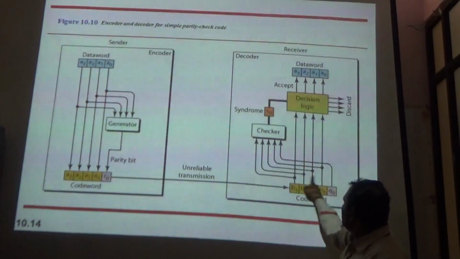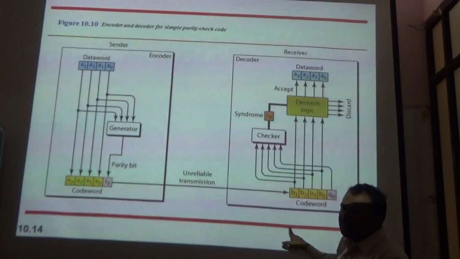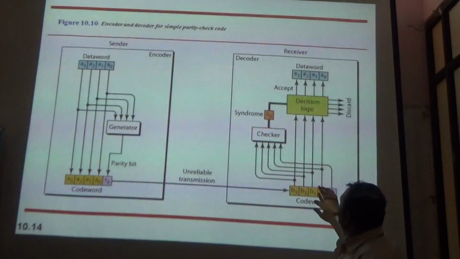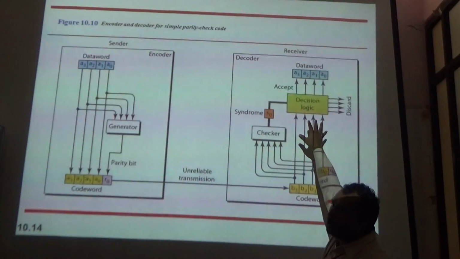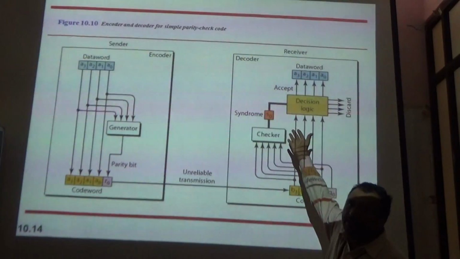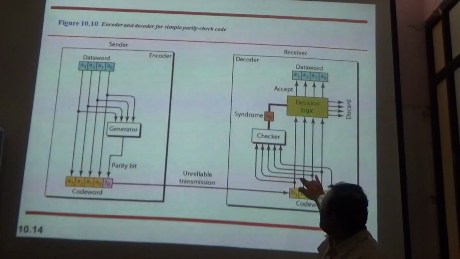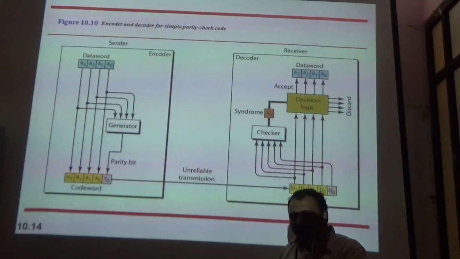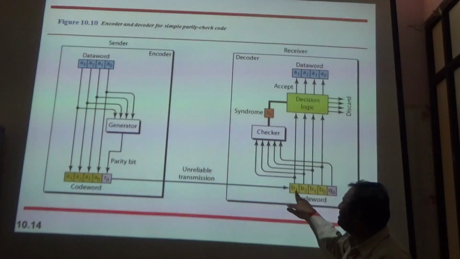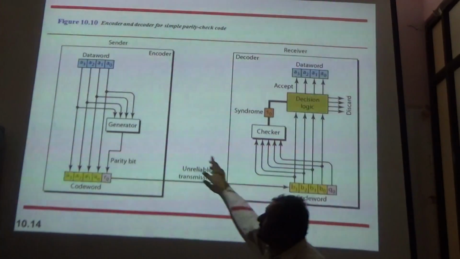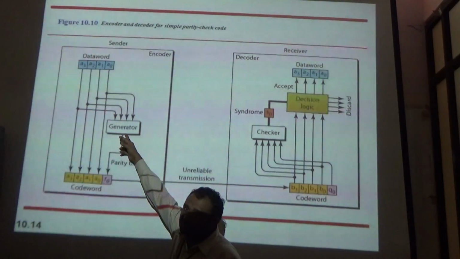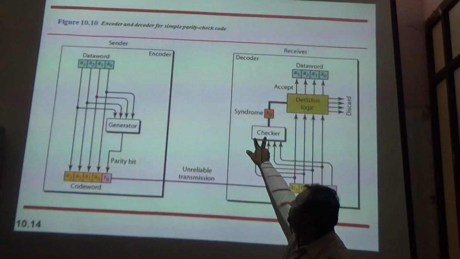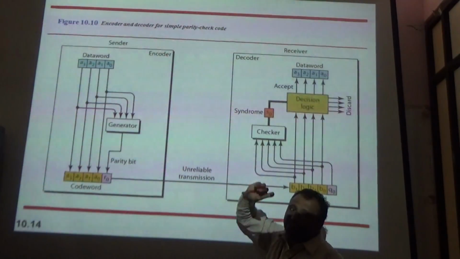The code word we have received at the receiver may be correct or may not be correct, but instead of passing it on directly to the receiver side, we will pass it to a checker. The checker will perform an operation on this data, similar to that of the generator, and based on that operation it will generate a syndrome.